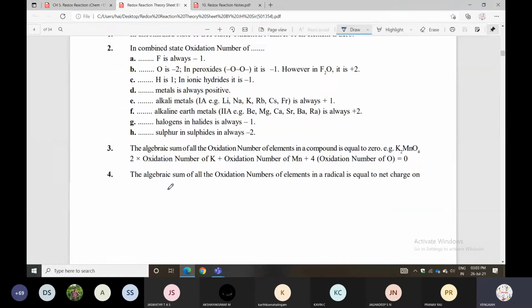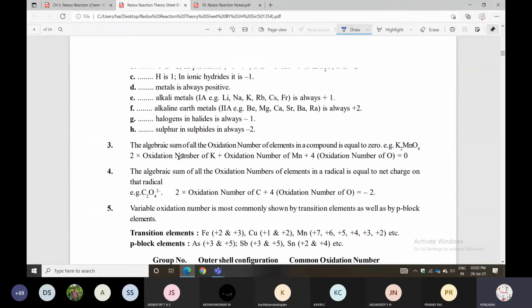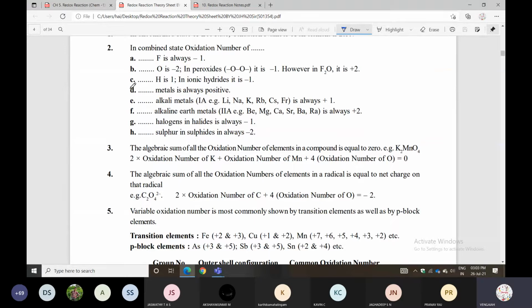Metals always contain positive charge. Next, the second point: alkali metals have +1 oxidation state, alkaline earth metals +2, halogens -1, and sulfur in sulfide -2. These points will be very, very important.